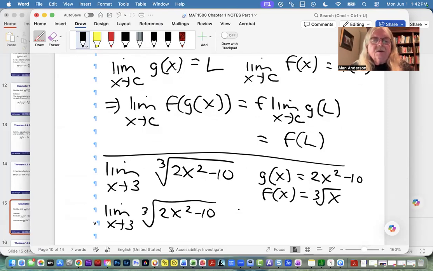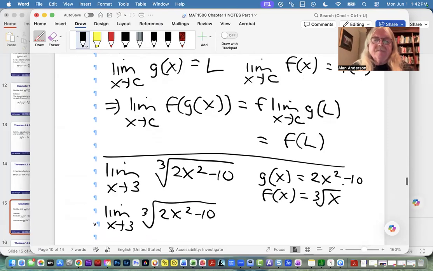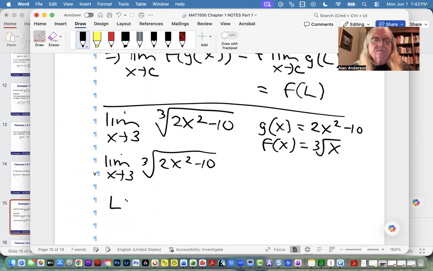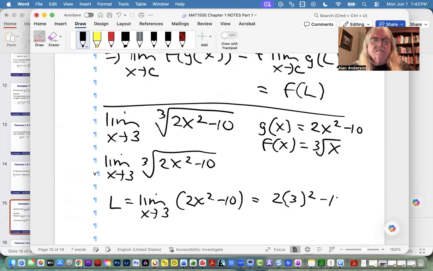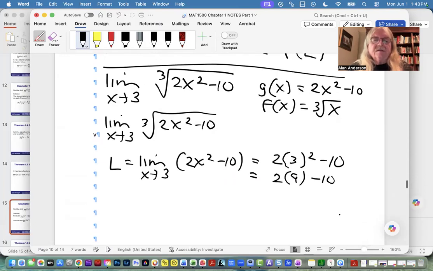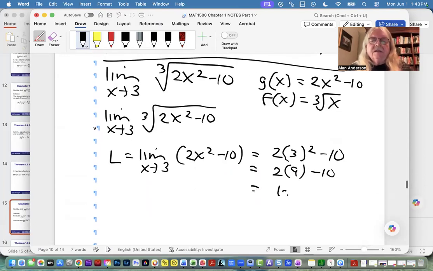So L is the limit of just the 2x squared minus 10, which is 18 minus 10, which is 8. Therefore, oh, sorry, that doesn't go down there. It goes over here.